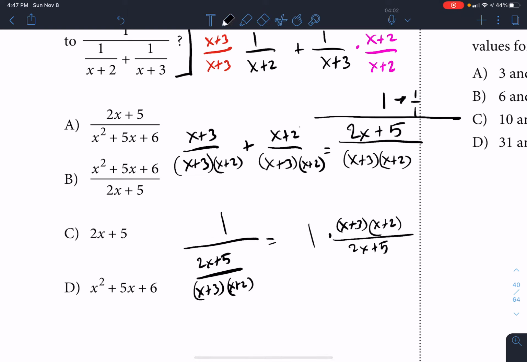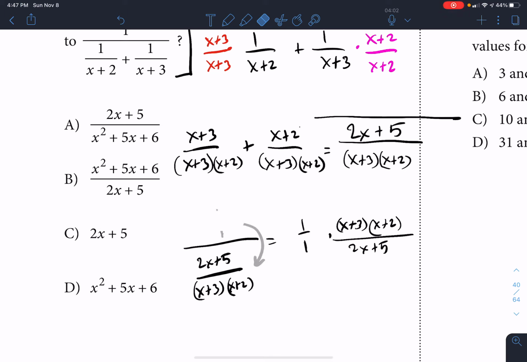Now I wrote this as 1 over 1 because it's a little bit easier to see like this. However, when you're doing it like this, that's a 1. It's like you're taking one fraction and dividing by another fraction. I think that's a little bit easier. I'm not sure. Some people might just leave it as 1.